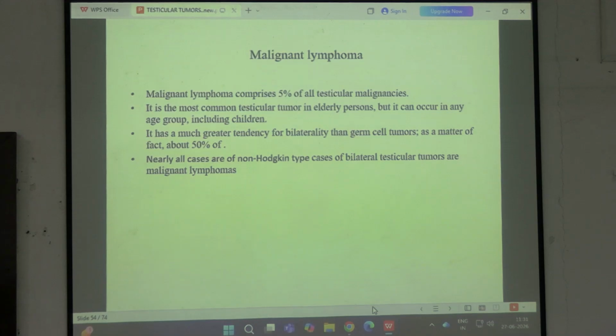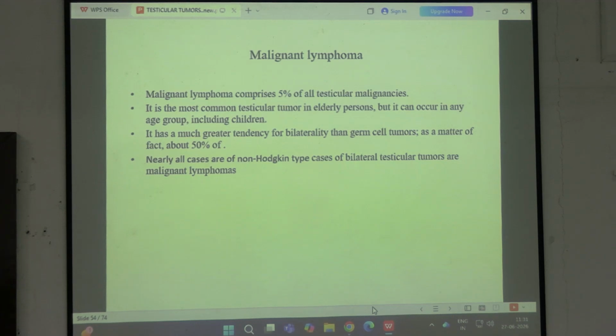Malignant lymphoma, okay. If an elderly patient, as I told you, is presenting with testicular mass, sometimes bilateral testis, more often than not it is a lymphoma. It is usually non-Hodgkin type lymphoma. So what are you going to find?